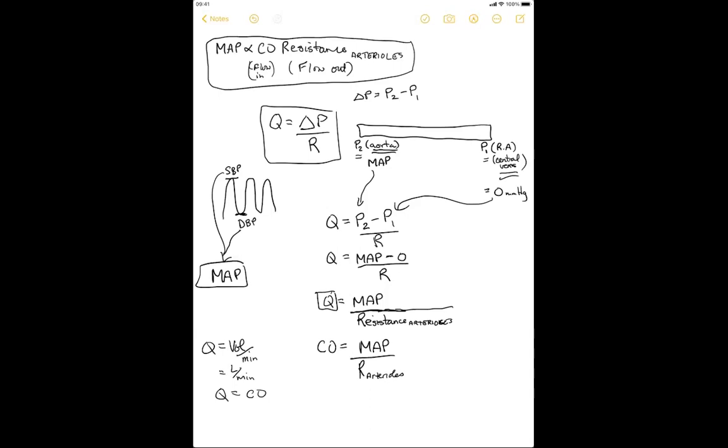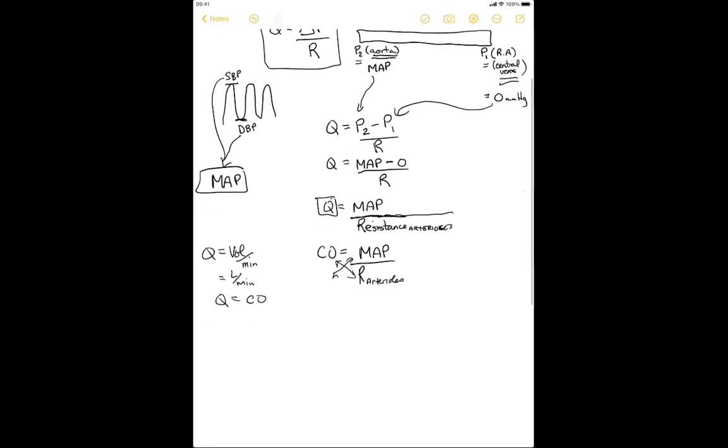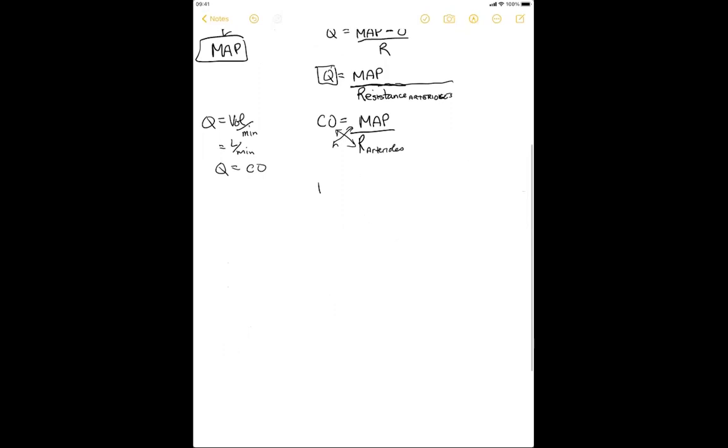And all you got to do is just a little bit of algebra. You need to cross multiply. And what we're left with is the relationship that mean arterial pressure equals cardiac output times resistance in the arterioles, which is exactly the relationship that we have in our slide.